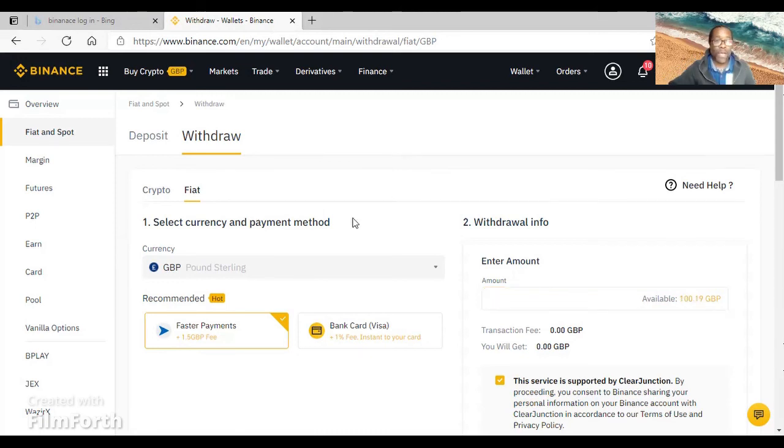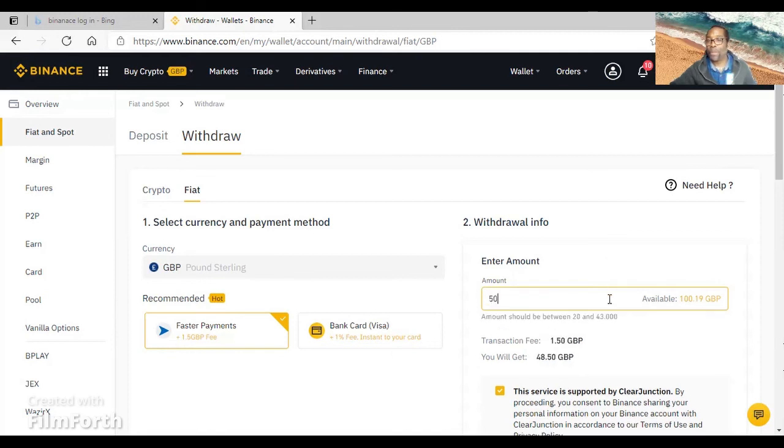So let me just move a step further. In Binance, we have two options. Okay, we go to option 2. You can put the amount that you are withdrawing to your bank account. We stop the process anyway, just for demonstration. I have more than 50 available. They will charge you £1.50 for this transaction.